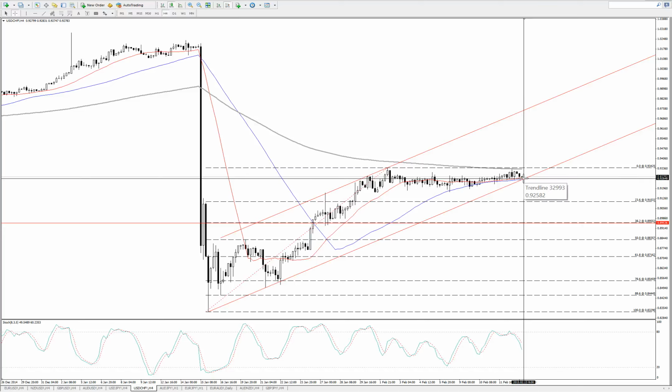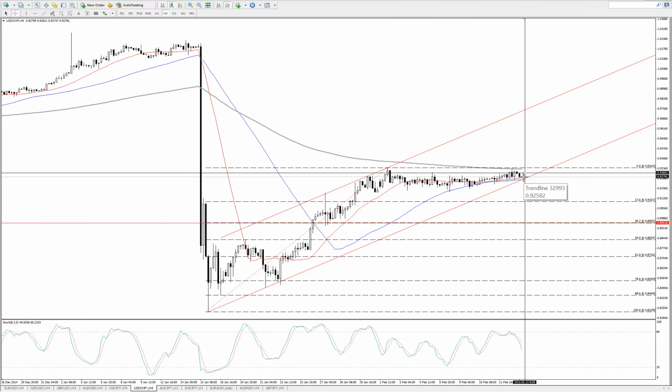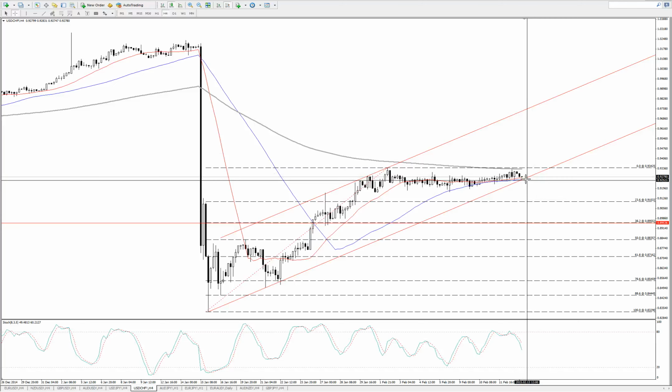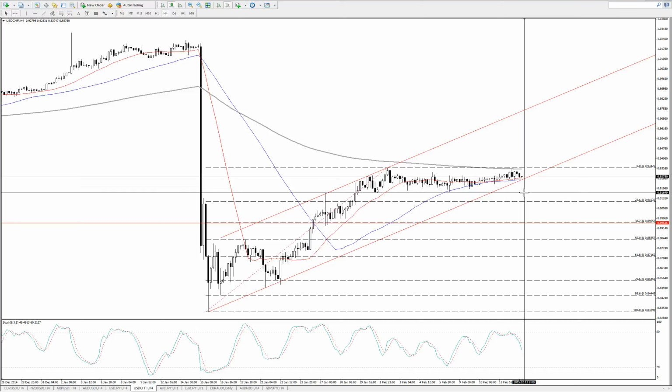So yes, it is about to touch the bottom of the rising trend channel, and therefore we could expect a very huge breakup or breakdown at this moment itself. So just be very wary of this currency pair as of now. Alright, so that's for dollar against the Swiss franc.